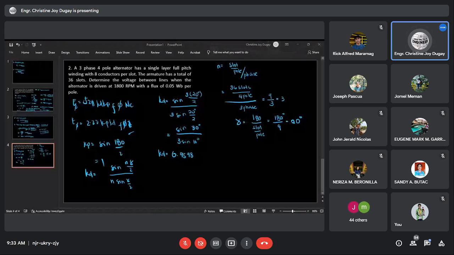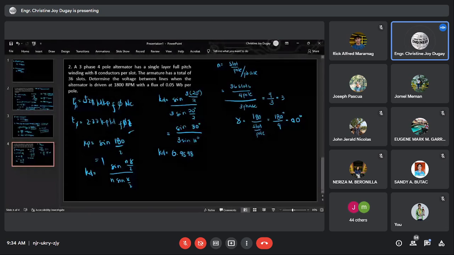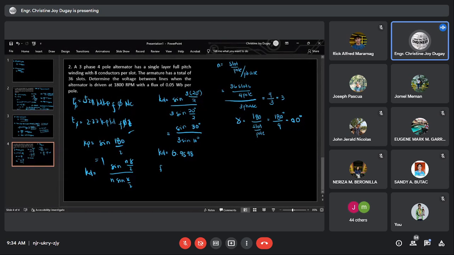What else? Ano pang need natin? That is frequency. Meron na po ba tayong frequency? Wala pa. So, f natin, that is equal to number of poles, which is 4 times speed which is 1,800, divided by 120. So, that is equal to ilan? 30.